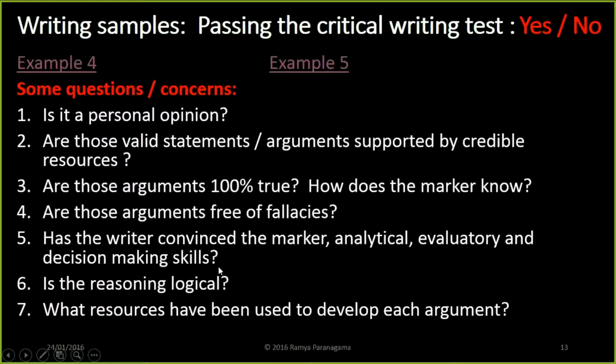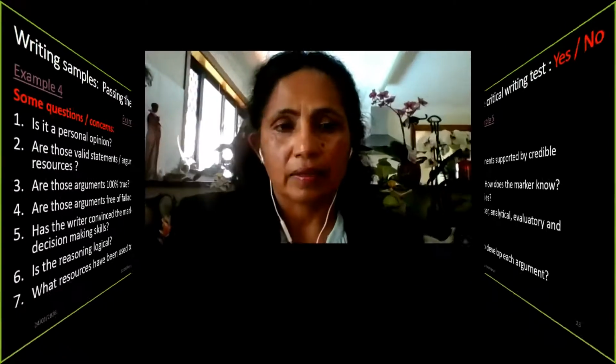So now you saw 5 examples. I believe this will really help you to identify what kind of writing is critical. The 5th one is getting more marks. If I put marks here, I would give 8, 9 out of 10 for the last sample, sample 5.